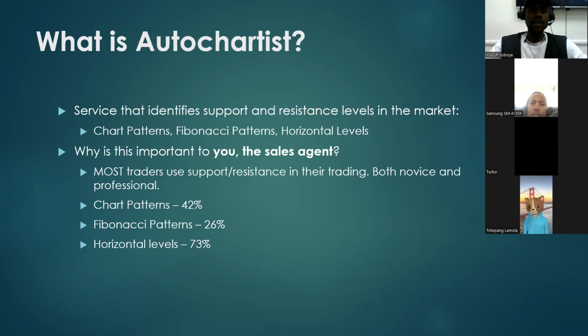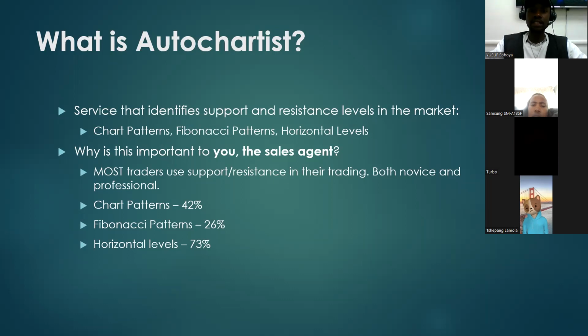So why is this very, very important? Most traders use support and resistance, as we always know, and I'm sure you also use it, both novice and professional. Those who use chart patterns are about 42%, those who use Fibonacci patterns are over 26%, and those who use horizontal levels are over 73%.